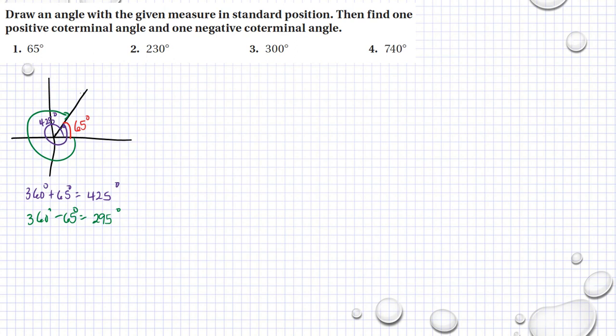Better. That's negative. Sorry, it should be like this. Negative 295 degrees. Okay?